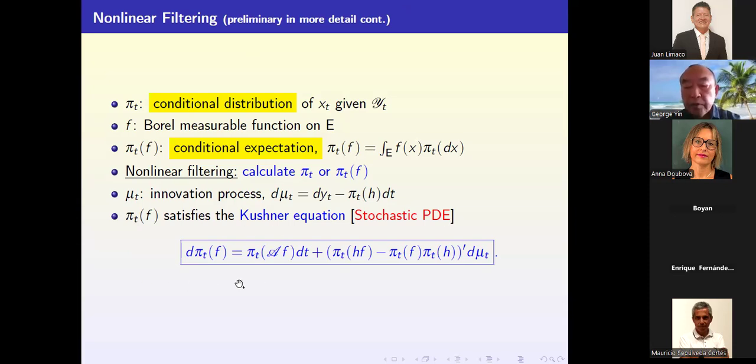It is a partial differential equation because, as you can see in the following equation, the operator is acting on F. The operator is an elliptic operator. So we do have a stochastic partial differential equation involved in this case. That was the first equation obtained in the 60s.